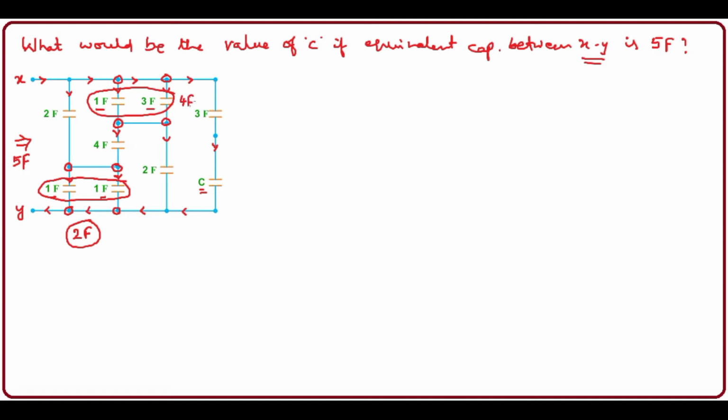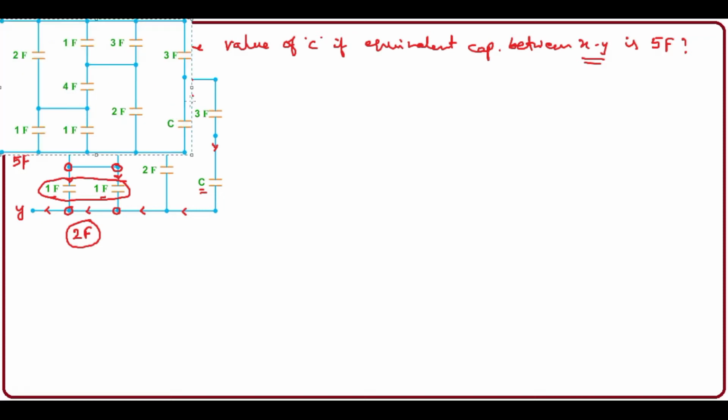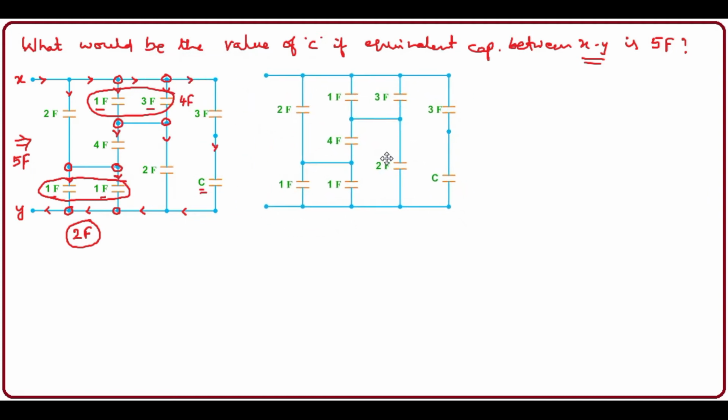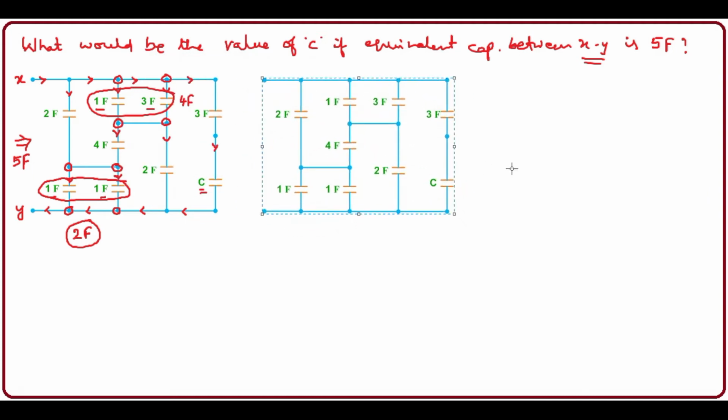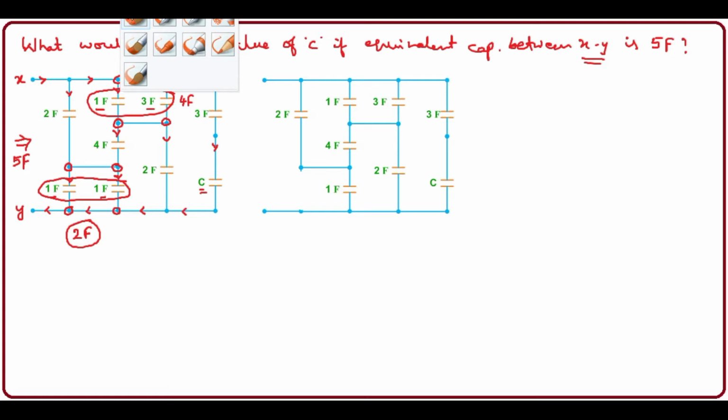Now the circuit will look like this. I am rubbing out this part because I have taken the equivalent, and that value is 2 Farad, so I can write 2 Farad here.